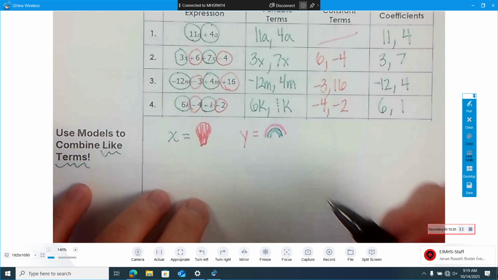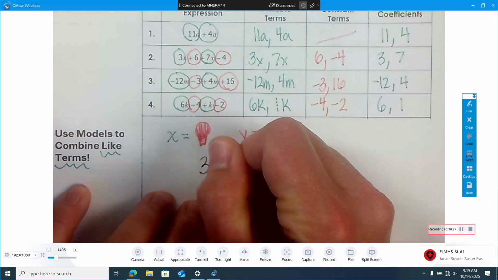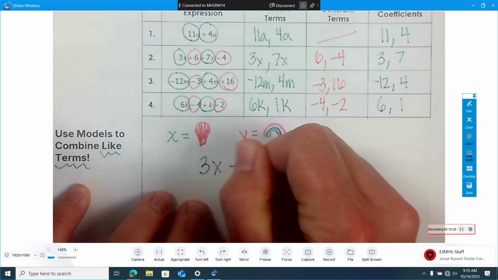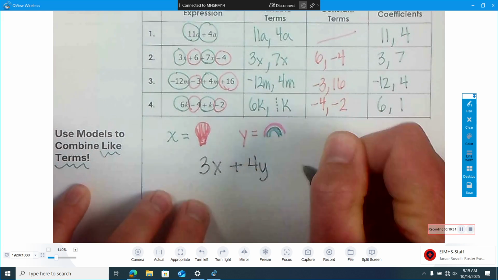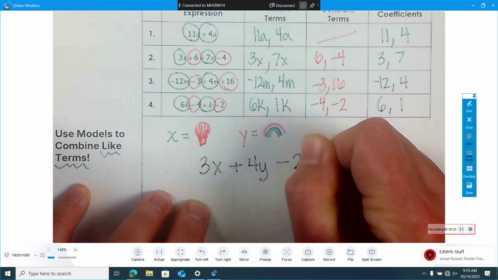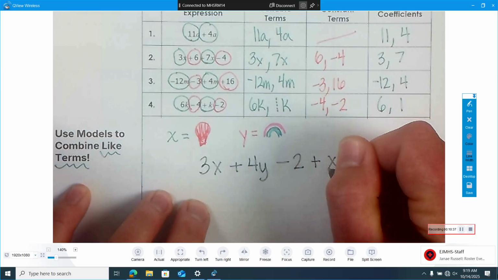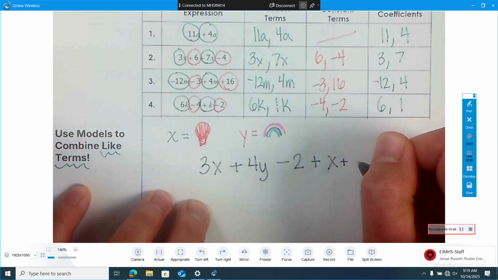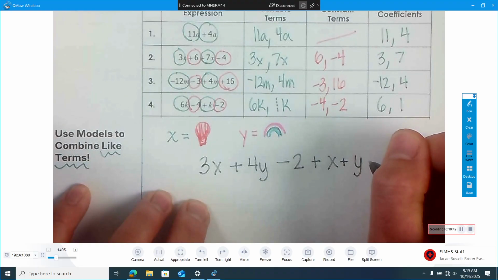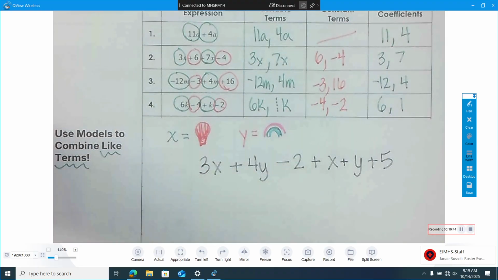So if I have the expression like 3x plus 4y minus 2 plus x plus y plus 5, okay? So here's this big, long expression.